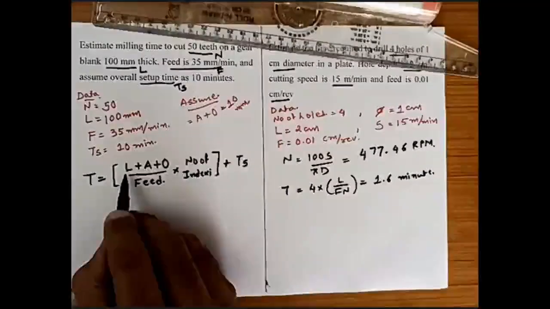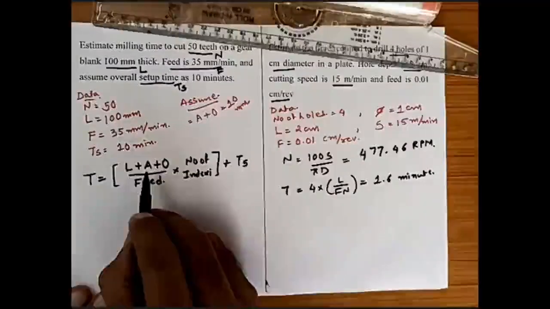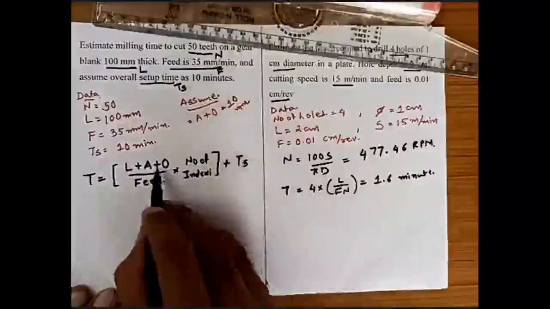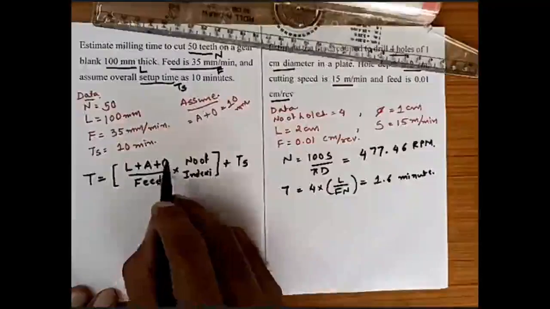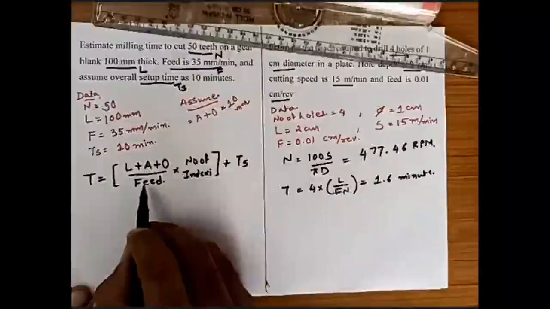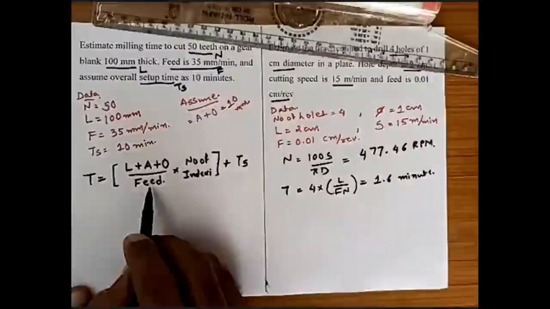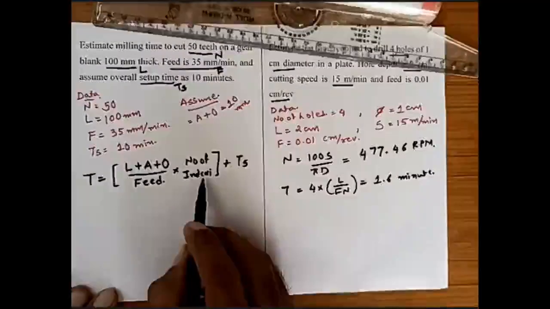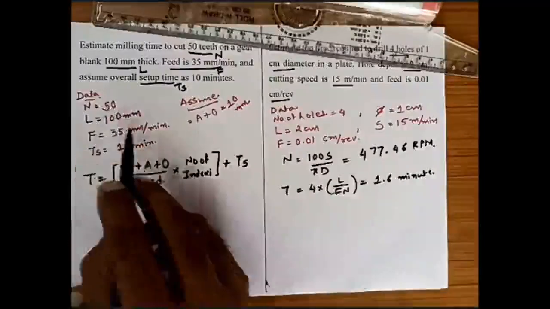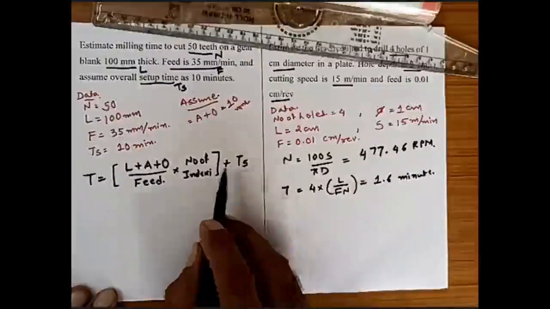See, L is equal to 100 mm, A plus O is equal to 10 mm, feed is equal to 35 mm per minute, number of indexing is 50 and the setup time is 10 minutes.